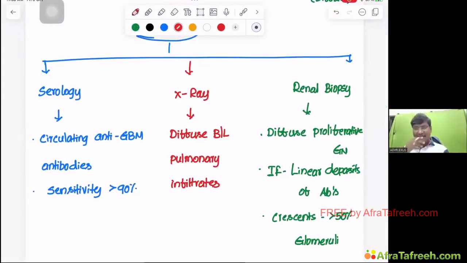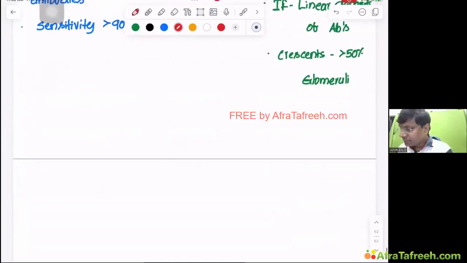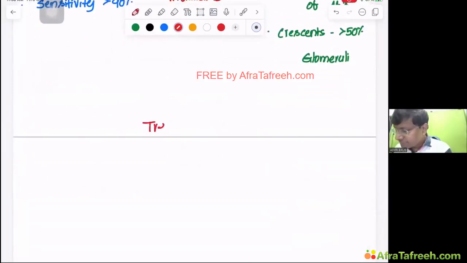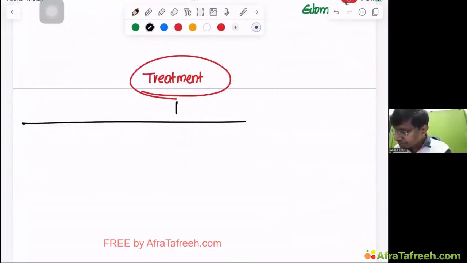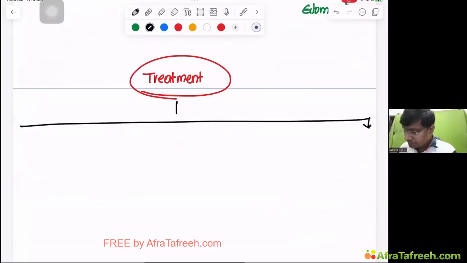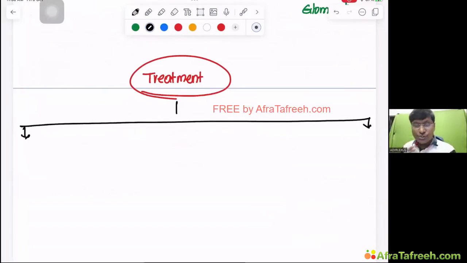Coming to the treatment. After the workup, you need to know how to do the treatment. What is very important here is you have to filter the antibodies.